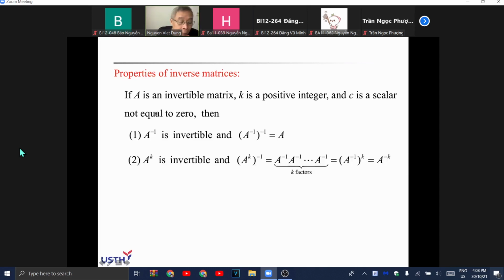And if A is invertible, then A to the power k is again an invertible matrix. In that case, the inverse of A to the power k will be the product of A inverse, k times. It means A inverse multiplied by A inverse, k times, and we write it like this.